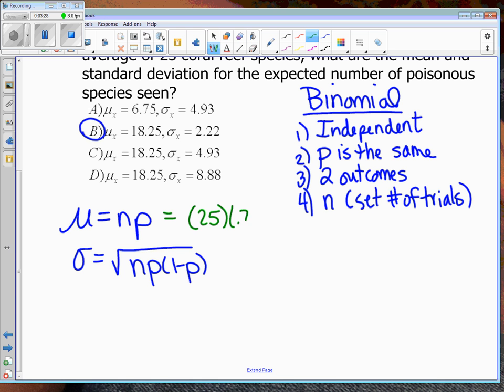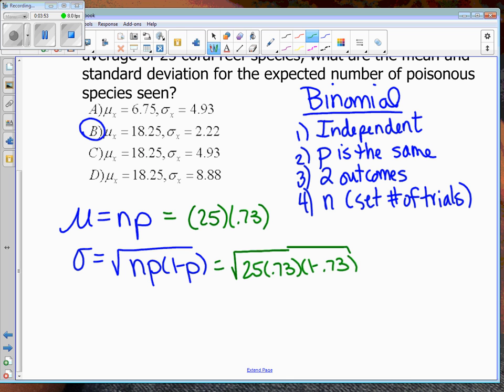Hopefully you get 18.25 when you do that. And then the standard deviation is the square root of N times P times 1 minus P. Hopefully you get 2.22. So because it's a binomial situation, we could use this to find our mean and standard deviation.